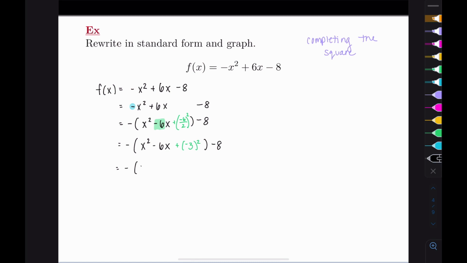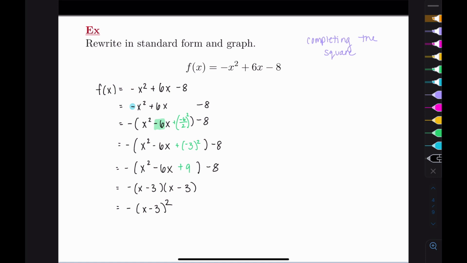And what this does is it gives us x squared minus 6x plus 9. Because at this point now, I'm able to factor this as x minus 3 times x minus 3, which gives us x minus 3 squared.